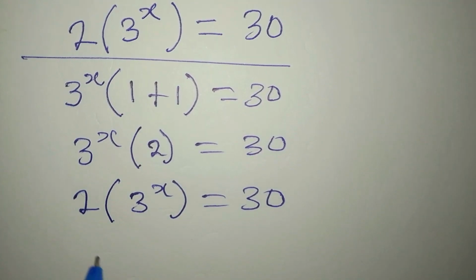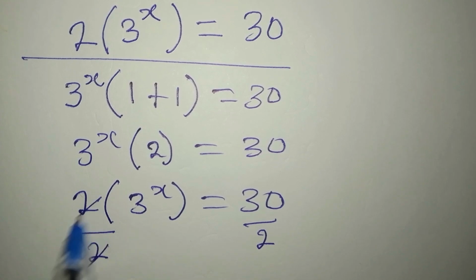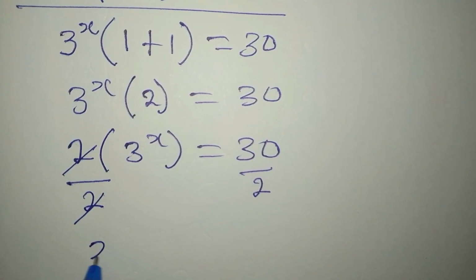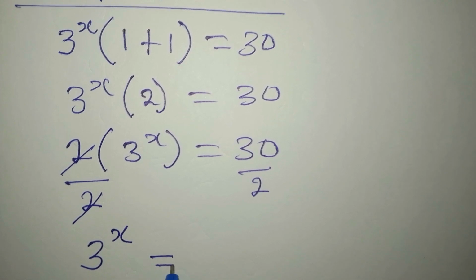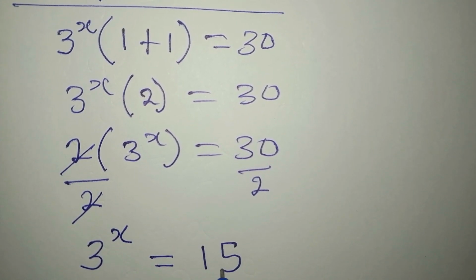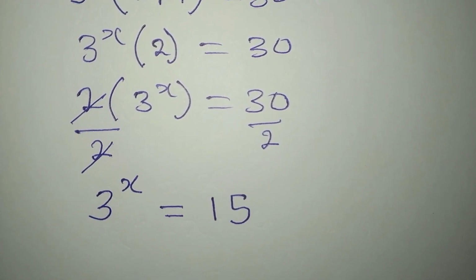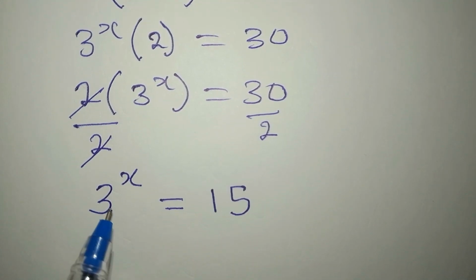But from here now, we will continue as we divide both sides by 2. Now 3 to the power of x is equal to 30 divided by 2, and it's 15. Right? So from here, we will take the log of both sides, because we cannot write 15 in this form.